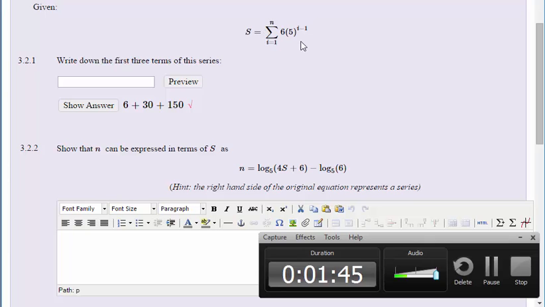So what should be the formula? If I wanted to replace this with a formula, what could I use?